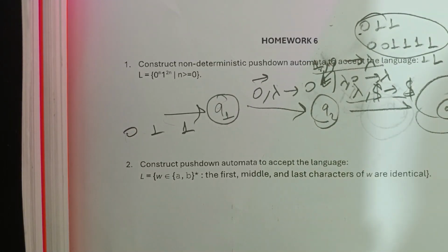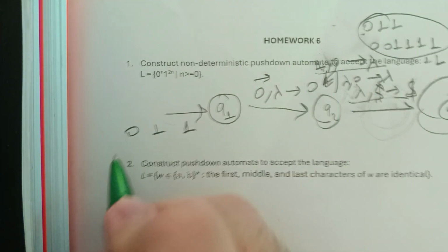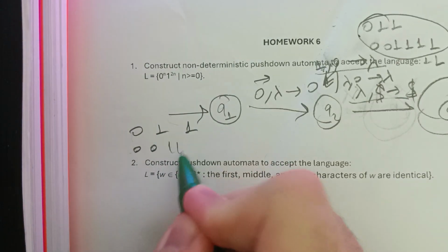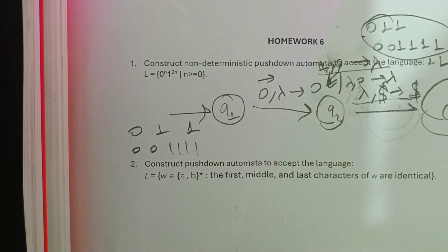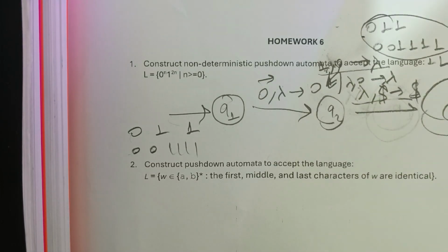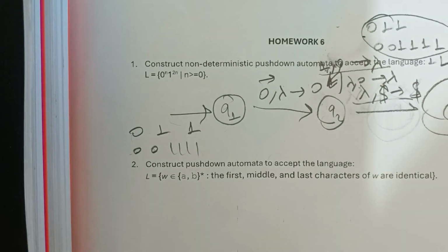Let's try to test. Let's try 0 0 1 1 1. If I read 0, by the way, we must put a 0 maybe.